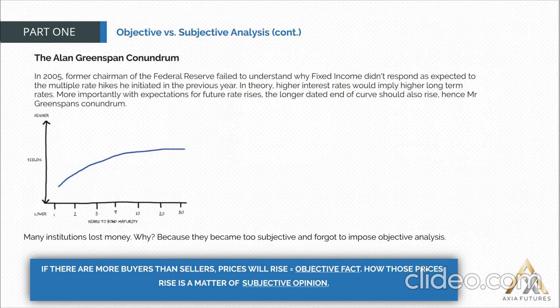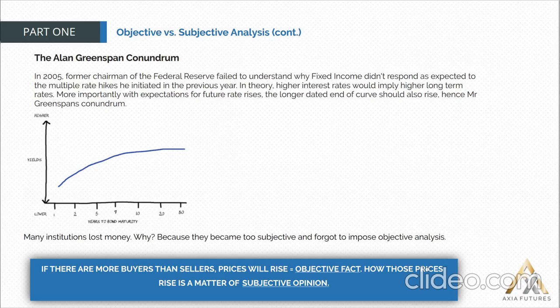Why? Because we have rate expectations in the future going up. So this would imply a steepening of the curve, or a higher end of the curve. What actually occurred, as we'll see a little later on, is that the curve went in the opposite direction. And that was the conundrum.